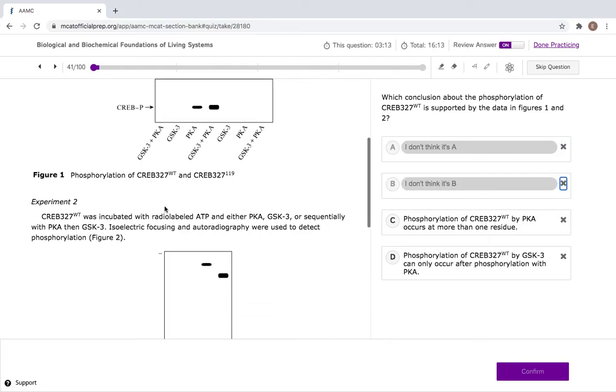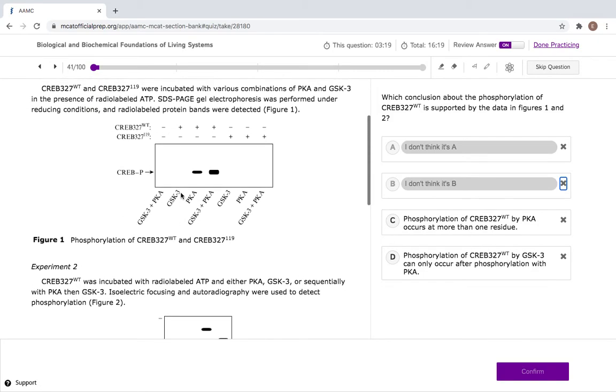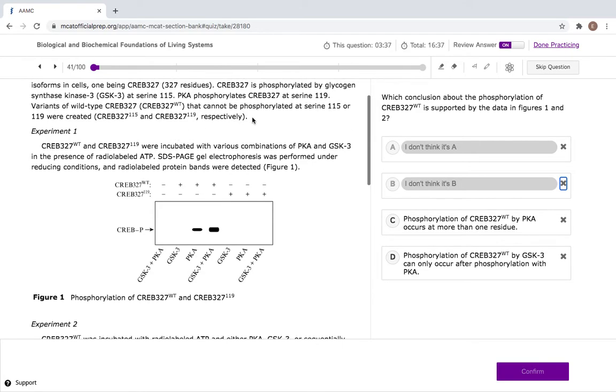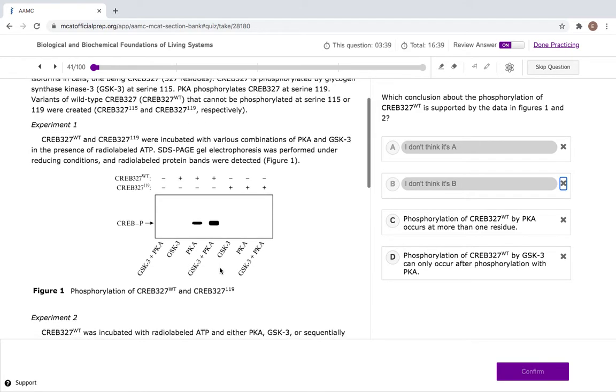Phosphorylation of CREB 327 wild type by PKA occurs at more than one residue. Do I have information to support that? No. It could be true. I mean, there are two residues, 115 and 119.